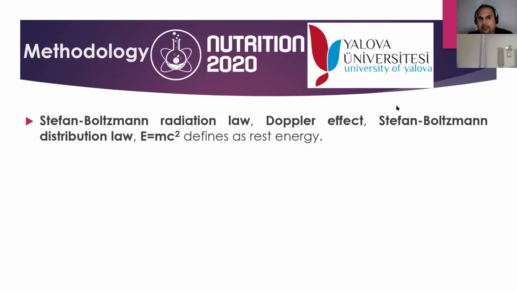So I did an explanation of the Stefan-Boltzmann radiation law, the Doppler effect, the Stefan-Boltzmann distribution law, and also E equals mc squared. So it defines the rest energy in the world.